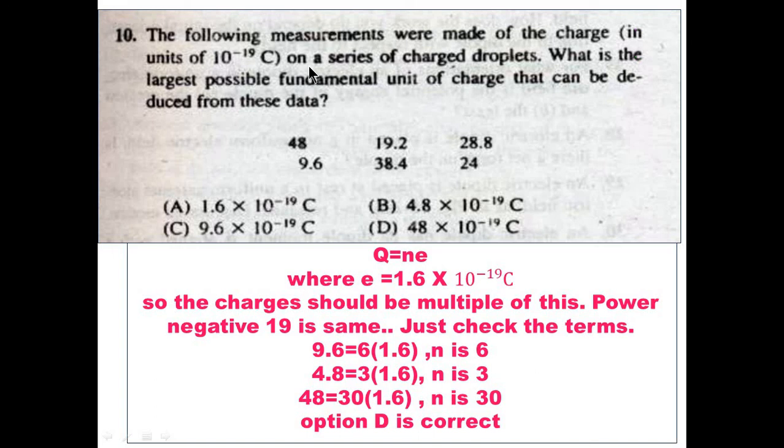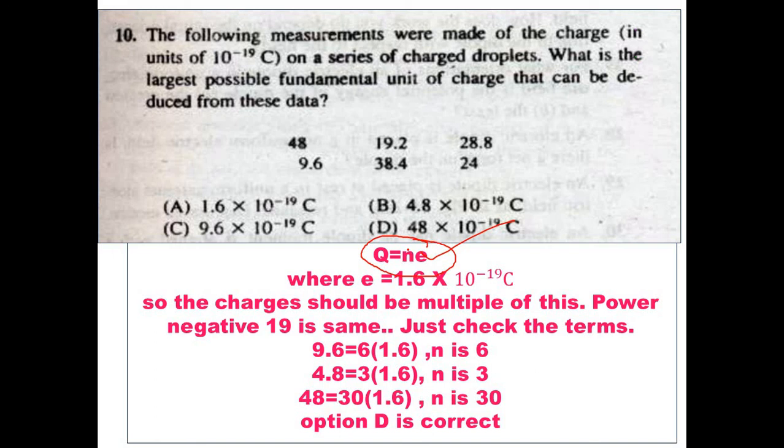So you are talking about a quantized, specific, defined quantity. Whenever you define a charge, Q is equal to N E, where E is the fundamental unit of charge, that is 1.6 multiplied by 10 to the power minus 19 coulomb, the charge on the electron, and N is an integer. That integer could be 1, 2, 3, 4, and so on.